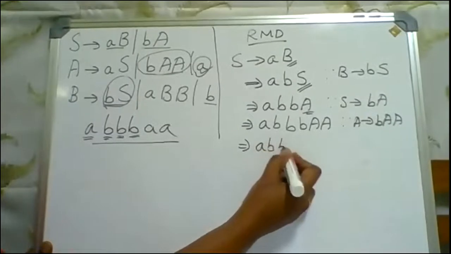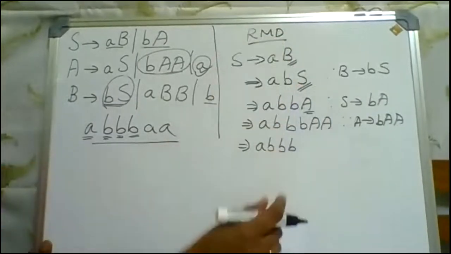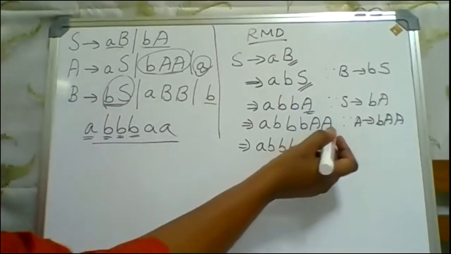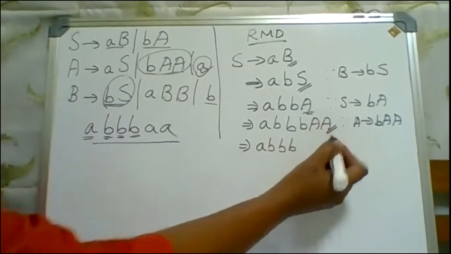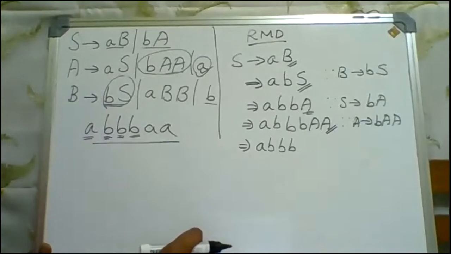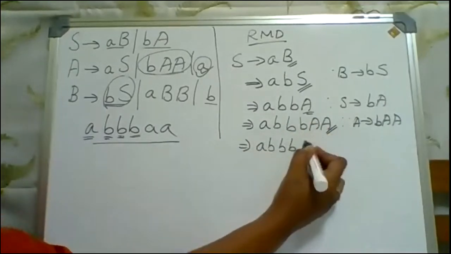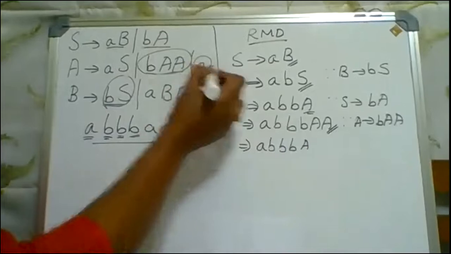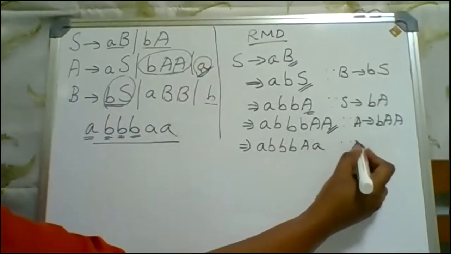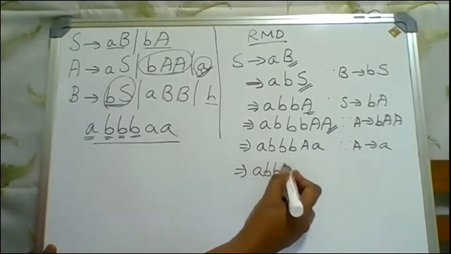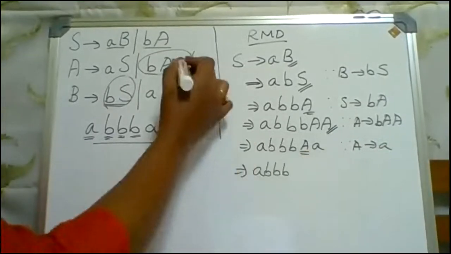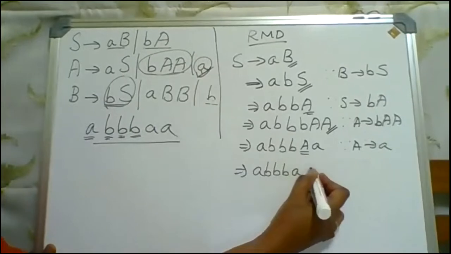Again, in the next step, since it is rightmost derivation, we need to search which one is the rightmost variable. Here we know that this A is the rightmost variable. So let me replace this A with the production A, where A is replaced with A. And in the next step, we'll replace this A with the same production, A is deriving A.